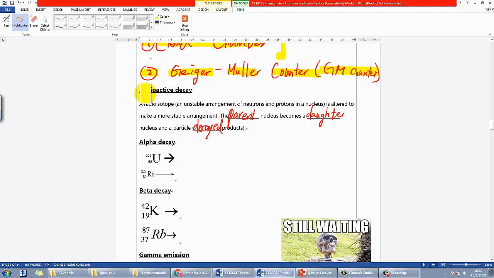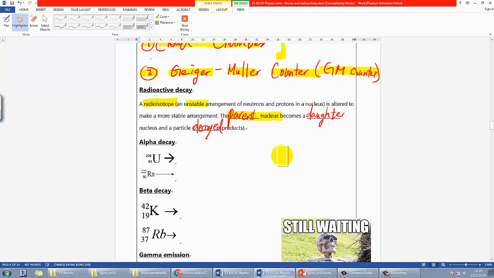Here's a paragraph to know about a few keywords that you may use. It's just a language thing. A radioactive isotope which is unstable, like hydrogen 234 I mentioned, will become more stable after the decay, and before it decays, the nucleus is called the parent nucleus.